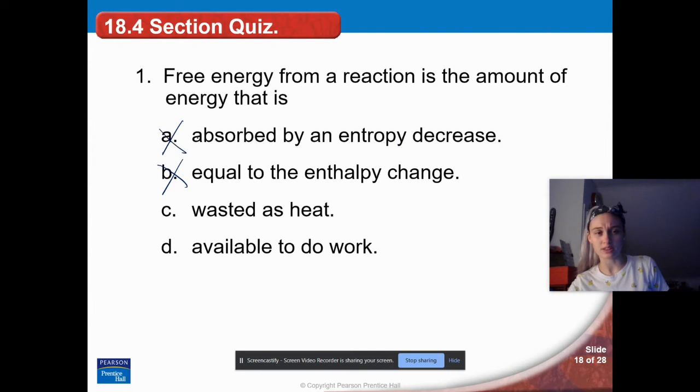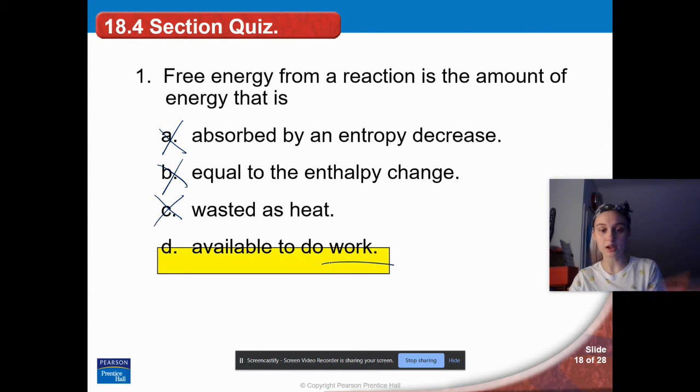We had never said that. Free energy is just what's released from a spontaneous reaction. It's not always heat. But we do know it can do work, and we talked about that just recently when we talked about Gibbs free energy. So free energy is just the amount of energy that is available to do work.